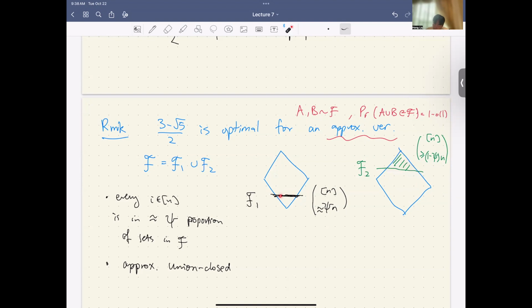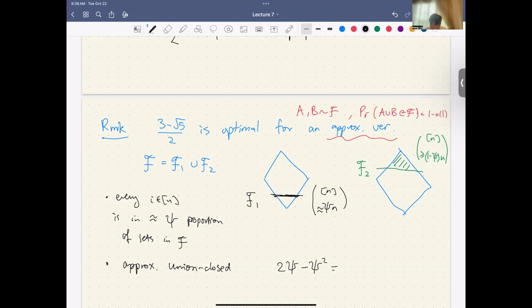If you take two sets uniformly random, then their expected union size is what? 2 phi minus phi squared times n, right? Take two sets uniformly random, each of size phi n, so it's 2 phi minus the common elements, which is phi squared.